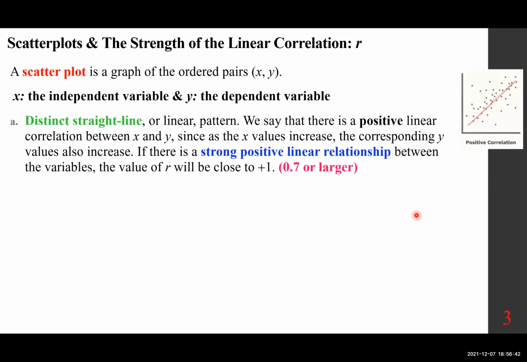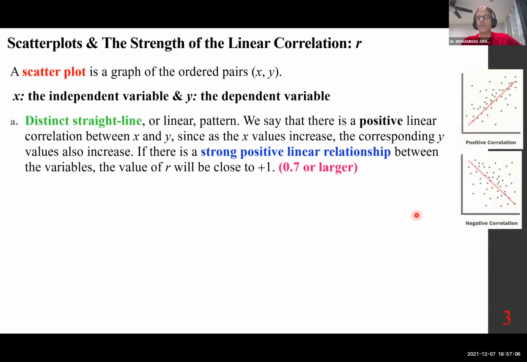We say that there is a positive linear correlation between x and y, since as the x values increase, the corresponding y values also increase. If there is a strong positive linear relationship between the variables, the value of r will be close to positive 1, 0.7 or larger.